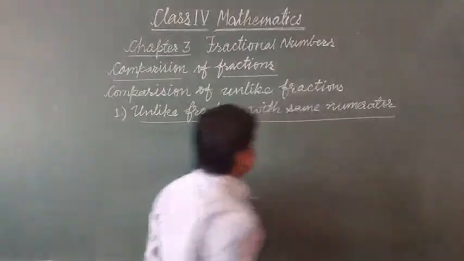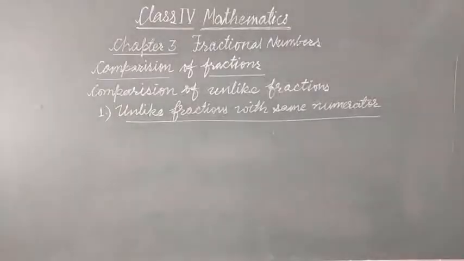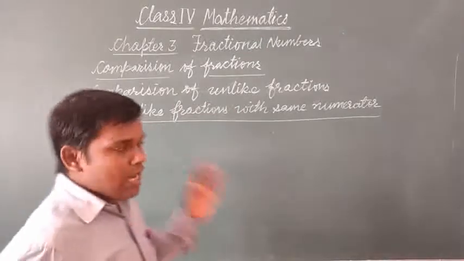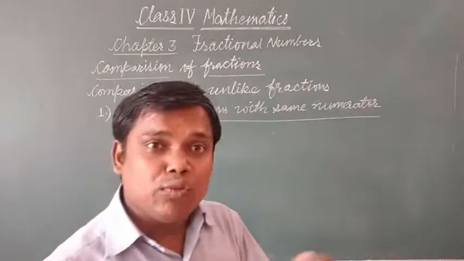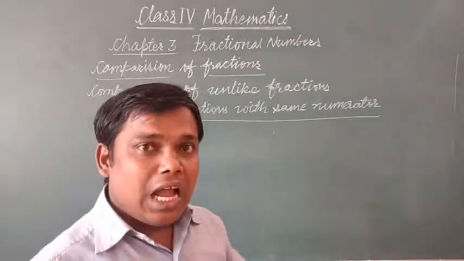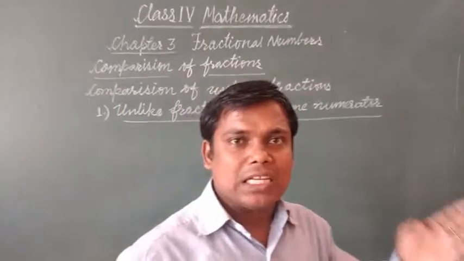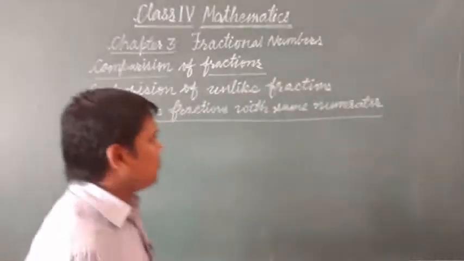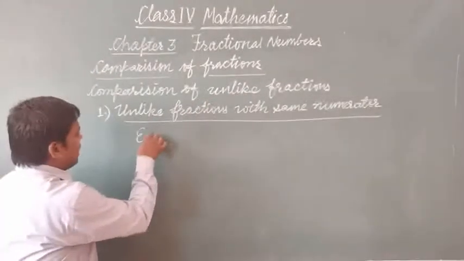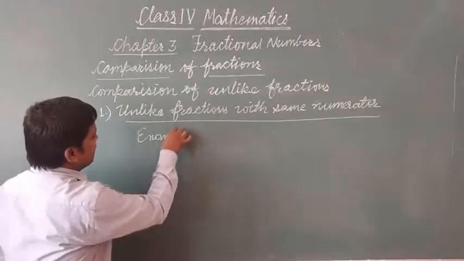Unlike fraction with same numerator. Yes, we have to understand that if we are having same numerators and different denominators, then how will we compare the given fractions? Look at here, with the help of example, I am going to make you understand.